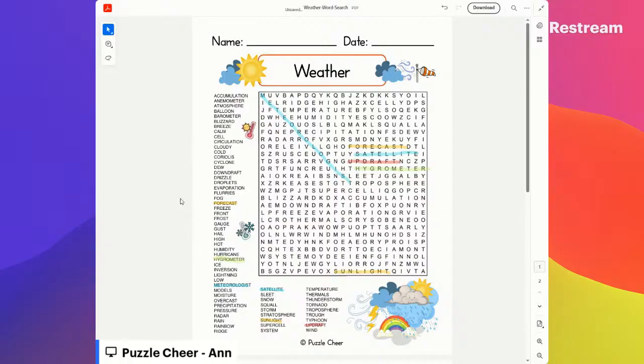See, Dino Game Hub found temperature 3 rows down and starting 3 columns over. Temperature, TEMPERATURE. Very good. Right at the top of the puzzle. Temperature.